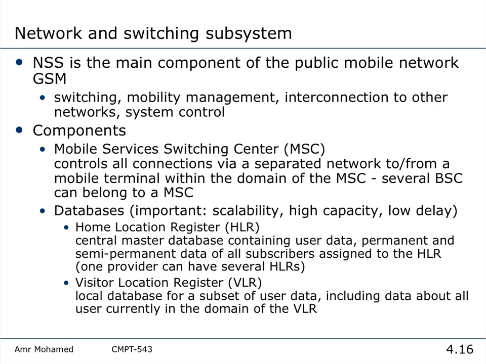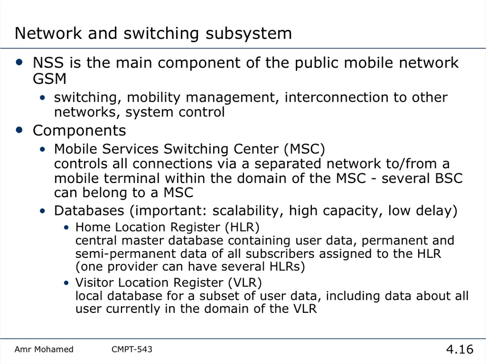Now, the visitor location register is a local database per location area. So this is a centralized master database, whereas this one is a local database. There is one visitor location register per location area. Clear? So each location area has one visitor location register.